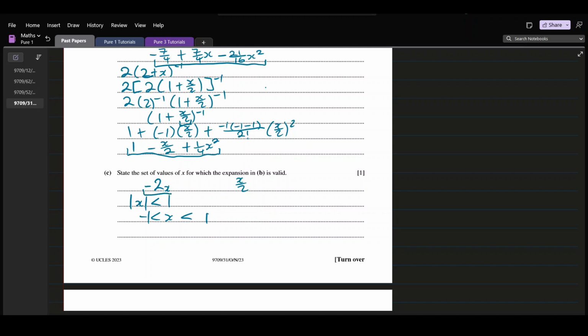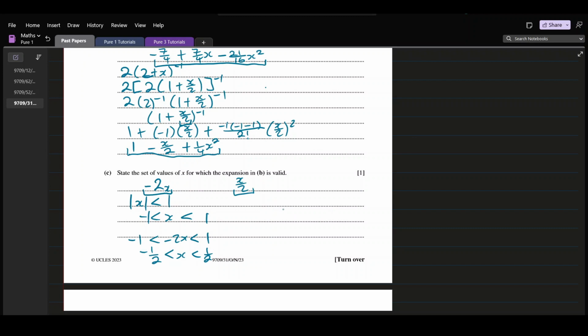So in this case, we use negative 2x and x over 2 as our x values. So when x was negative 2x, we can say that negative 2x should have been between 1 and negative 1. And if you divide through by negative 2, you end up with negative 1/2 less than x less than half.